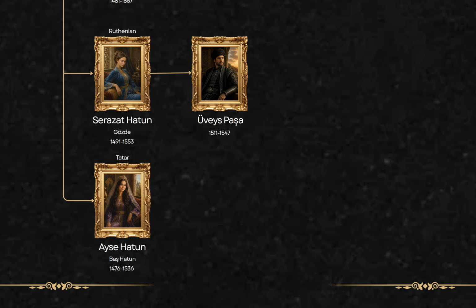That way there were no claimants left to the throne except for Selim and, by this time, Suleiman, because Suleiman was his only surviving legitimate son, because there was also Uves, but he couldn't inherit the throne, right?